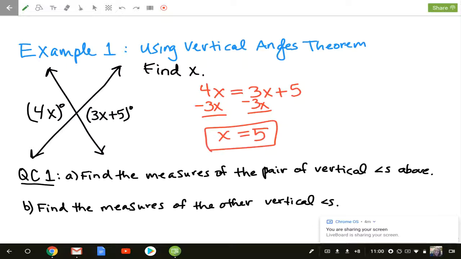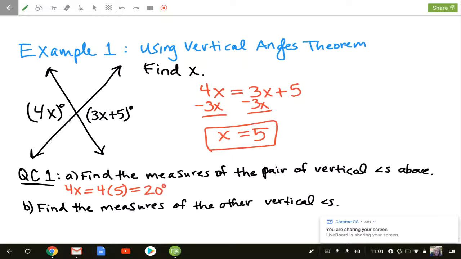Okay, so far that's all they've asked me to do. But in Quick Check 1, they ask us to go back and find the measures of the pair of vertical angles that are labeled. So pause this and use x equals 5 and figure out what each of those vertical angles is. Okay, so for the first one, if I plug in 5 into 4x, I get 20.